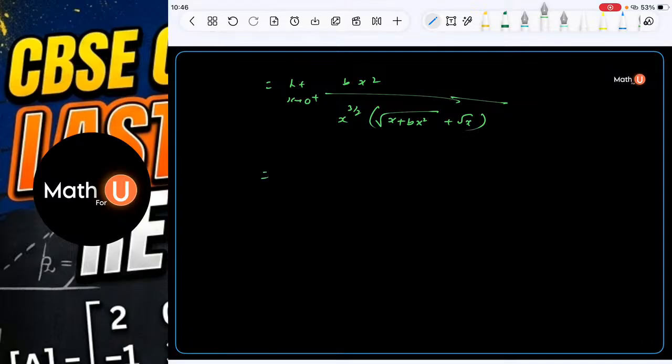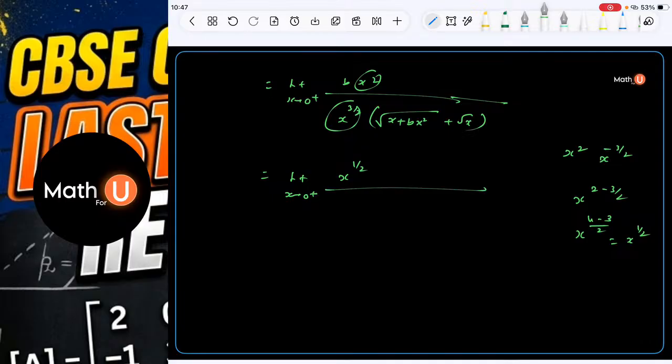Then, if you simplify the x square in the numerator with x power of 3 by 2, bases are same, powers subtract. Taking LCM, 4 minus 3 by 2, we get x power of 1 by 2, and x power of 1 by 2 can be written as square root of x.